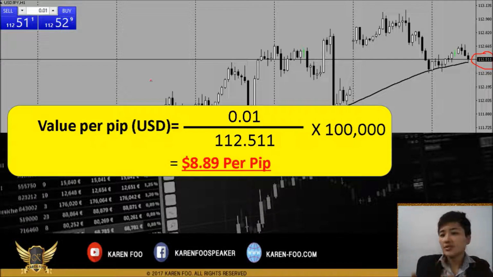Whereas for euro dollar pairs, it is 4 decimal places. So for yen pairs, 2 decimal places, hence 0.01. Let's say you're buying one standard lot, times 100,000 units divided by current price, which is 112.511, and then you get 8.89 per pip. And bear in mind, this one is in US dollar.